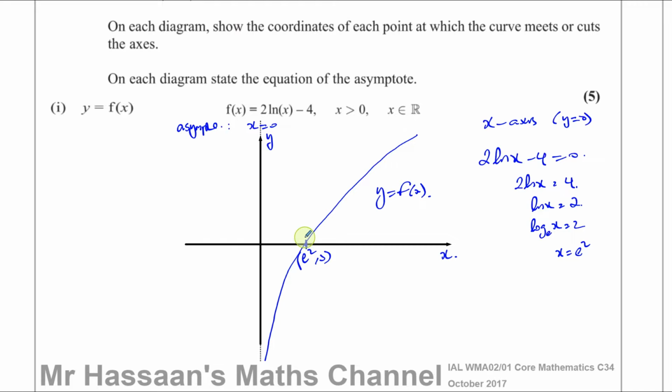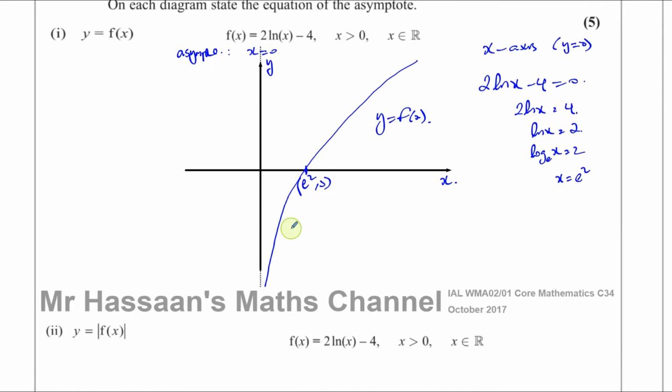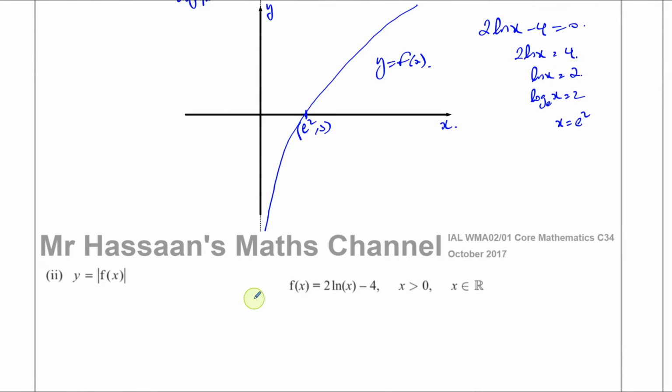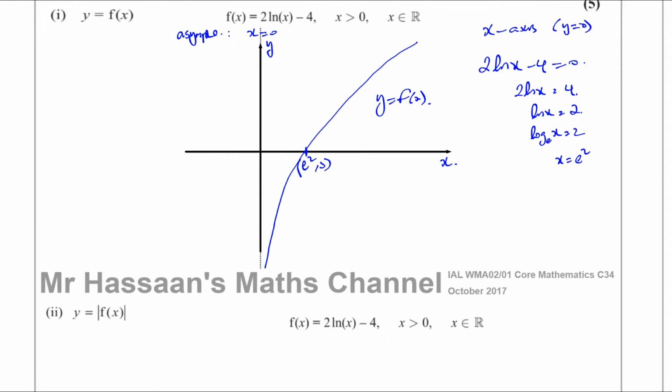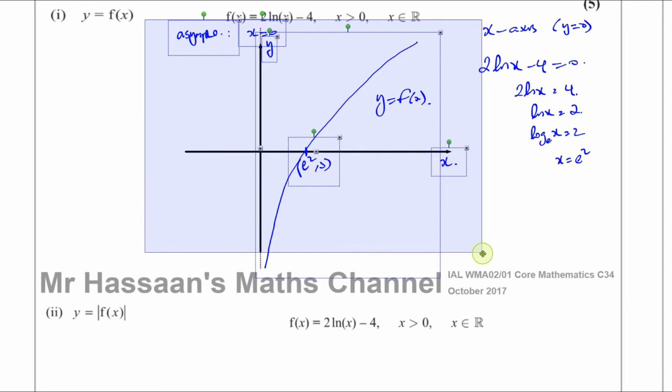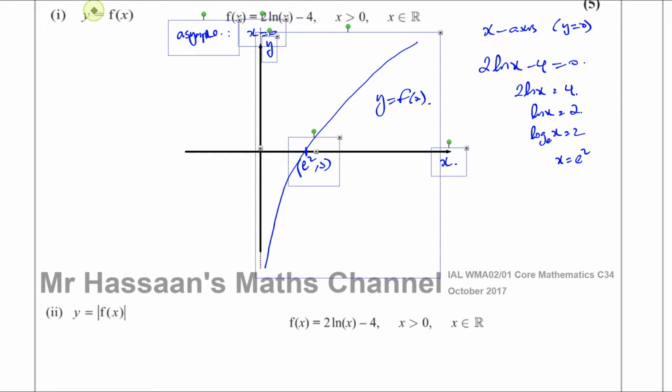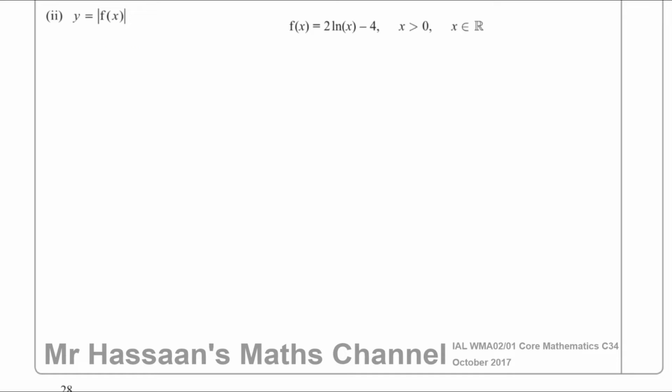Now, if you want to draw y equals the modulus of f of x, it will be almost identical to this, so I'm going to copy this and paste it down here.